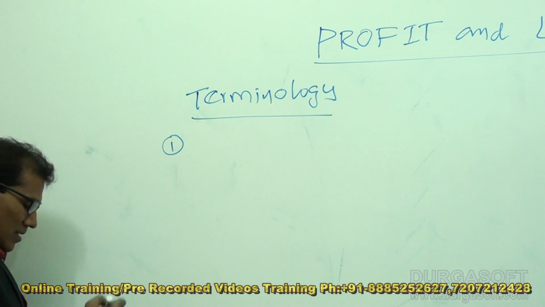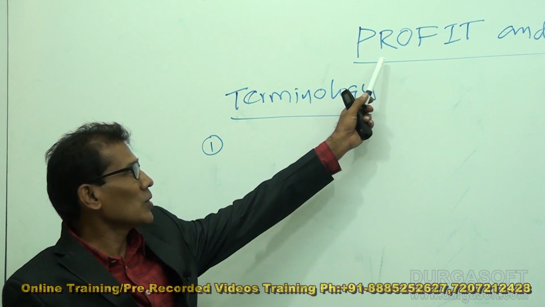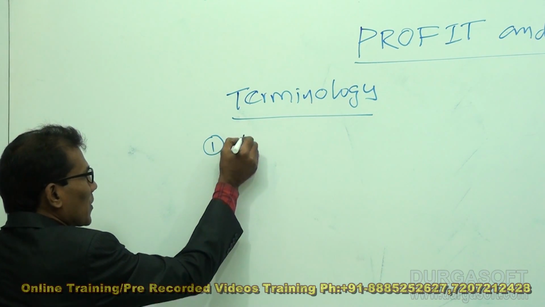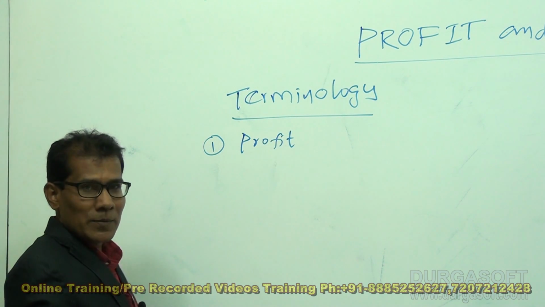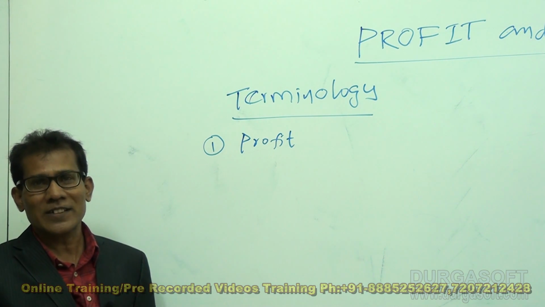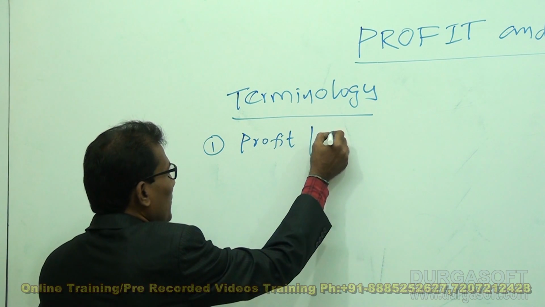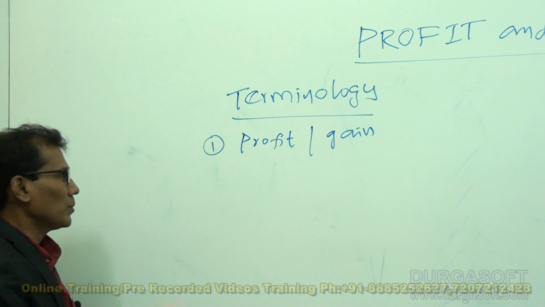What are the words or terms in a question we see? Already I wrote two terms, profit and loss. So the first term is profit. Can you tell me another word similar to profit? Yes, gain. Wonderful. Profit and gain, both are the same.